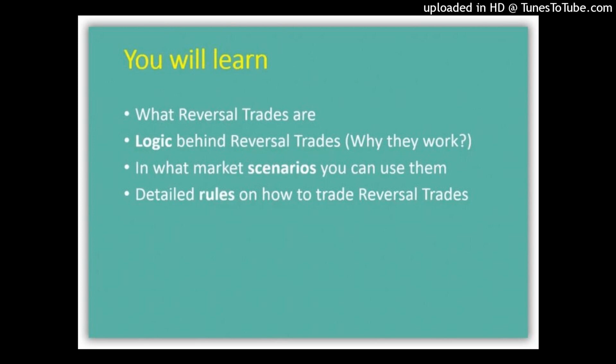The last rule is don't take the reversal when the reversal level got tested sooner. What this means is when the price doesn't respect the level, it goes past it, and then you wait for a reversal. This is the level. You wait for a reversal, but a reaction occurs a little bit before the actual level. Let's say 1, 2, 3 pips sooner.